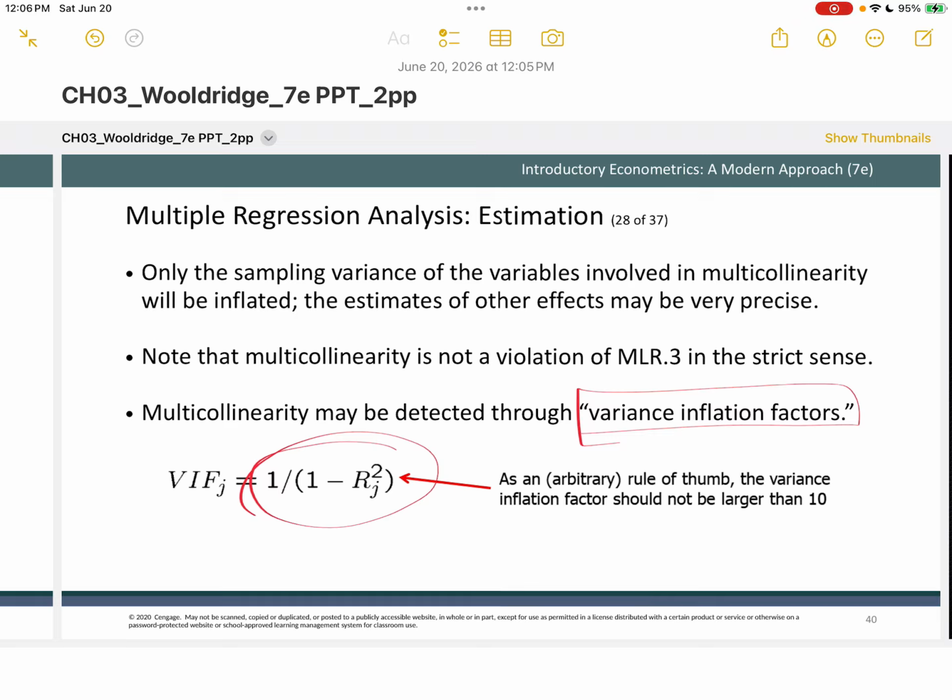But if that variable you drop is a relevant variable, then you end up with an omitted variable bias problem. Now, when you have an omitted variable bias problem, all your beta estimates are biased. And that's a worse case scenario than just leaving your variables in there, even though they are highly collinear with other variables.